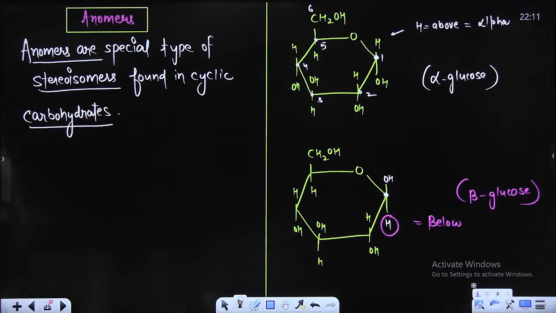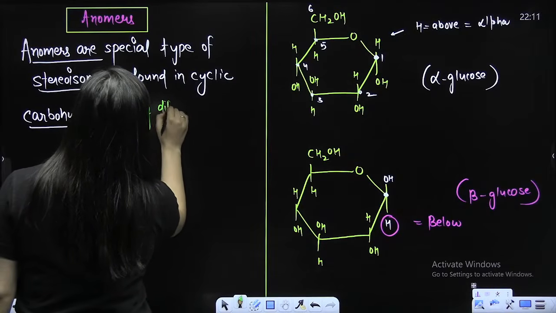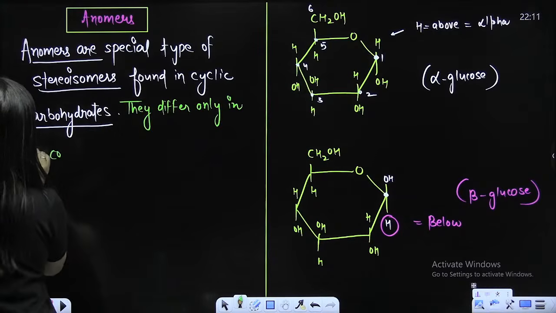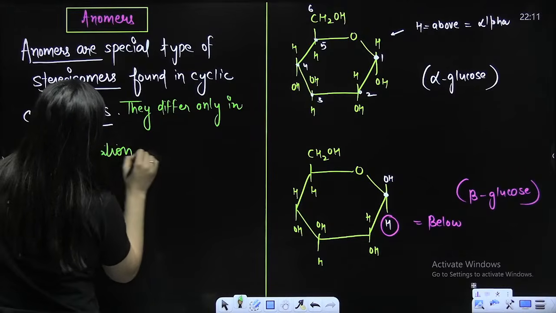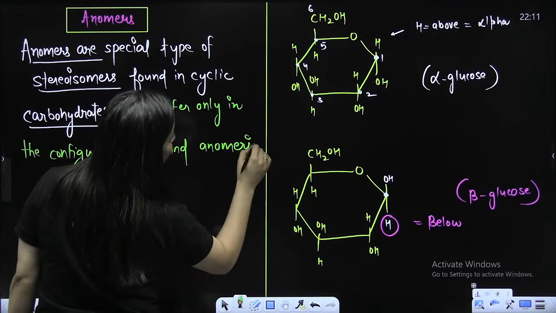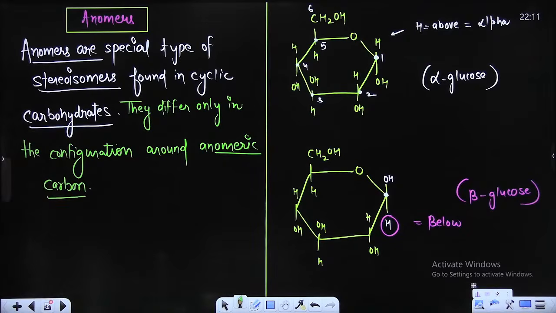They differ only in the configuration around the anomeric carbon. In fructose that will be C2, do remember. The HOH arrangement around the anomeric carbon will be different.